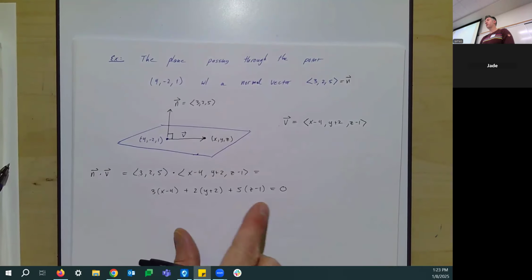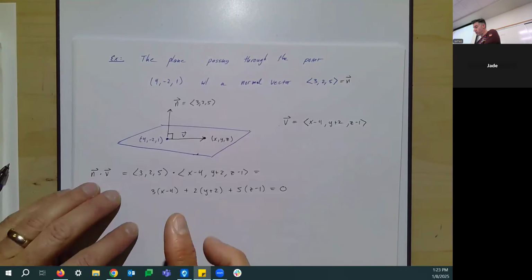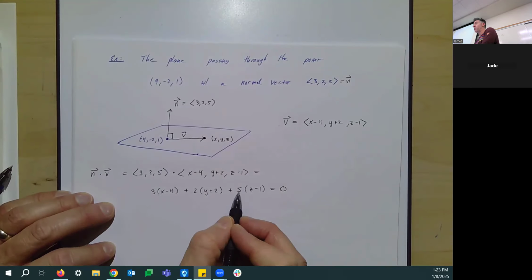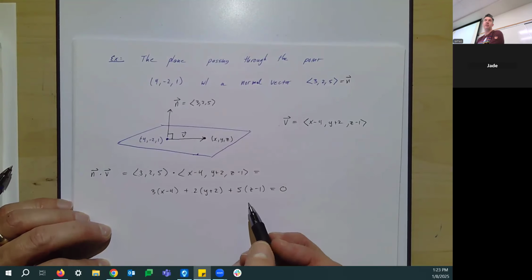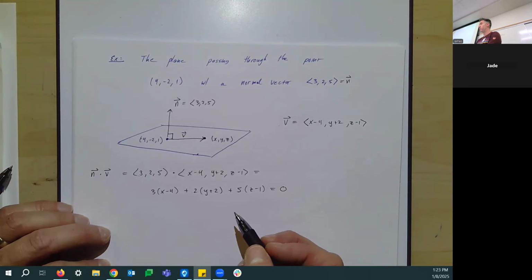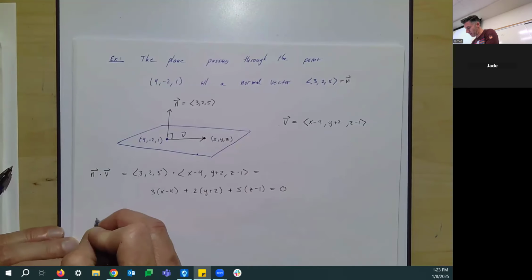And that's exactly the equation he gave you in class, right? It was the components of your normal vector multiplied by your variables minus the values of the point that the plane went through. He gave this equation more generally.